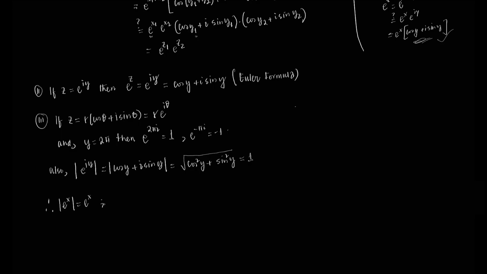And that e power iy part, cosine y plus i sine y, has modulus 1. So that implies that mod e power z is always going to be 1. Okay, I hope this is clear.